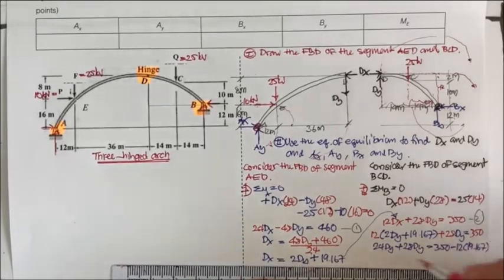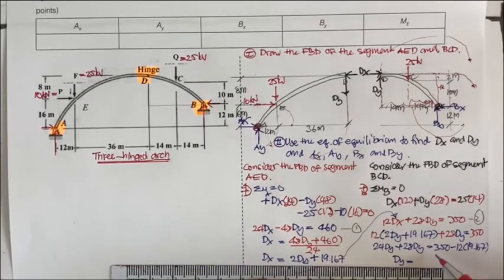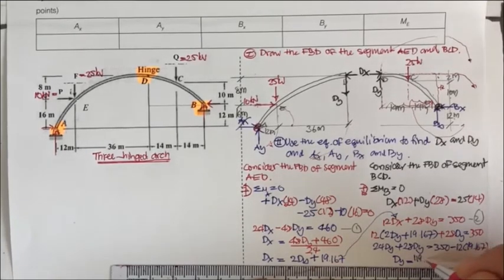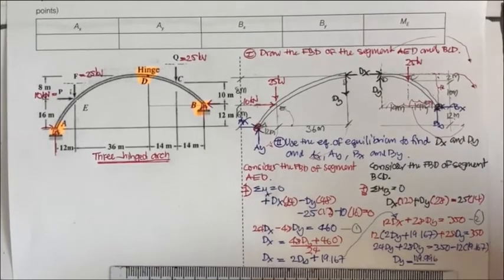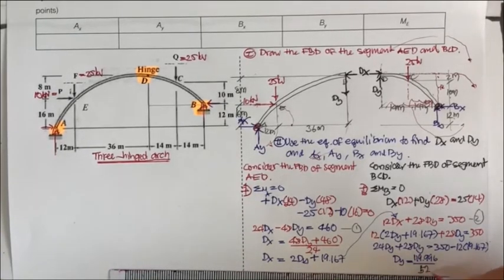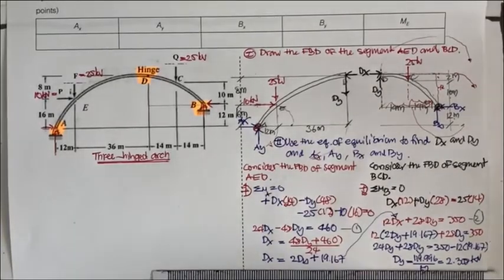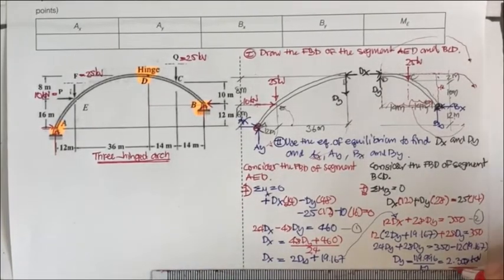Now if you sum up everything, you will get d sub y equal to, if I'm correct, 119.996 divided by 24 plus 28, which is 52, and then you get 2.308 kilonewton, or 2.31 if you like.